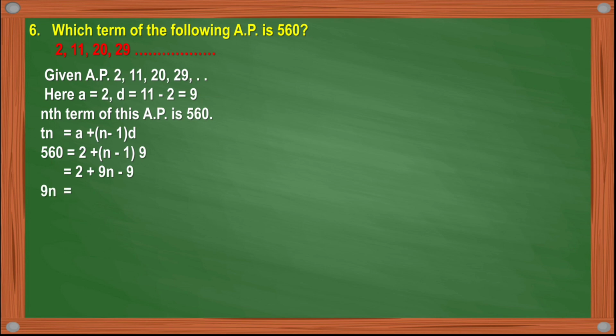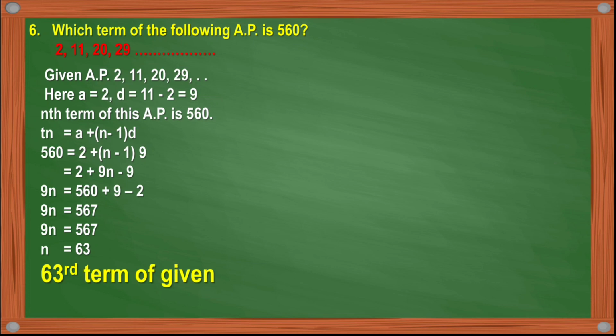Therefore 9n equals to 560 plus 9 minus 2. So when you resolve it, you will get 567. So therefore n equals to 567 divided by 9, which is 63. So which means the 63rd term of the given AP is 560.